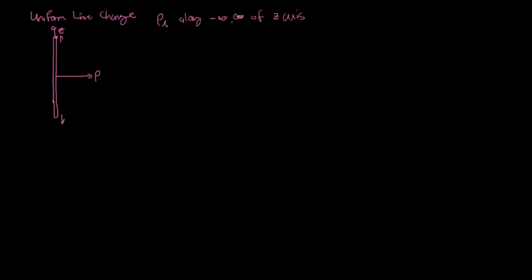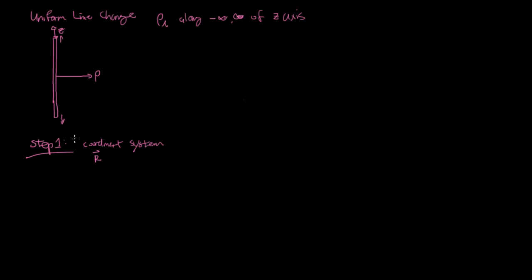Now, we'll march through the steps that I presented previously to work through this problem. The first step is you want the coordinate system and also to define your source observer vector.